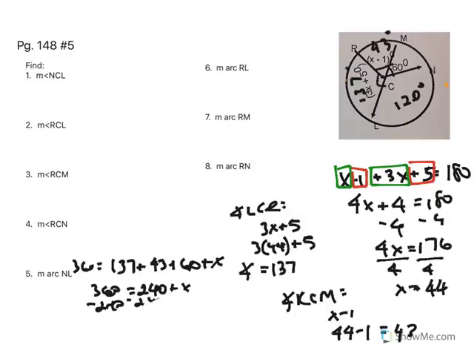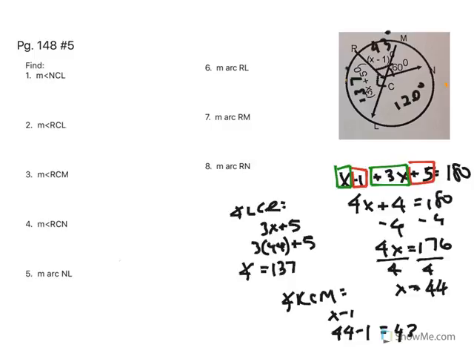So let's go through and see if we can answer any of these questions, okay? Number 1 is asking us to find NCL. NCL is 120. Then it's asking us to find RCL. We know that RCL is 137.